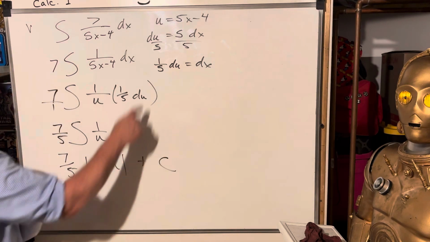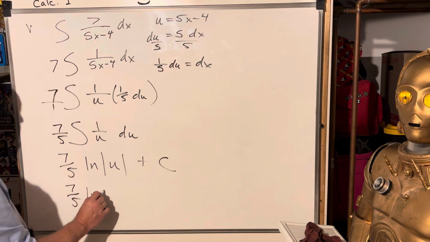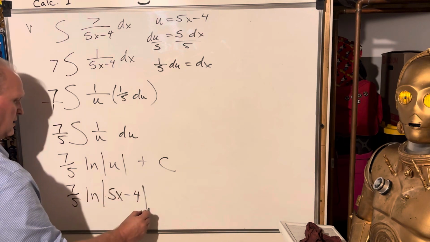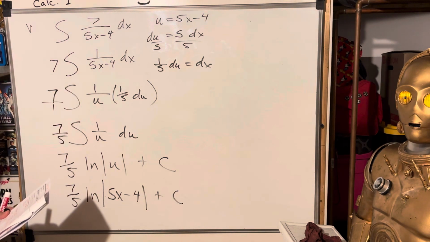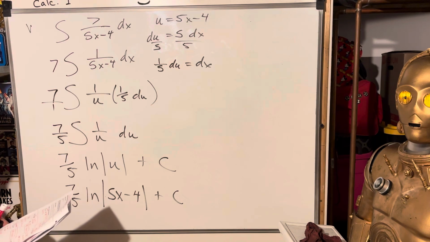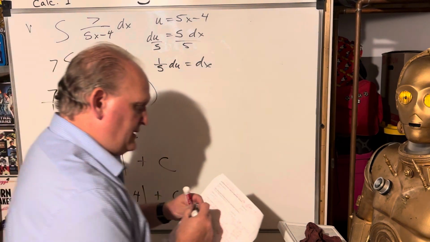And then u is 5x minus 4. So 7/5 ln of absolute value of 5x minus 4 plus c. Okie dokie artichoke. Lovely, lovely.